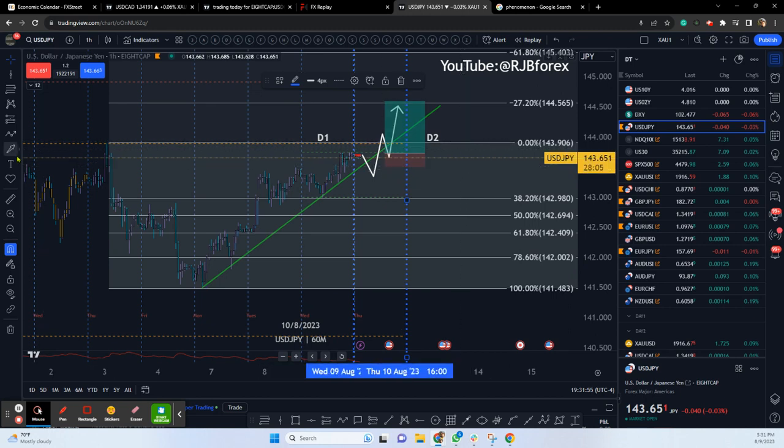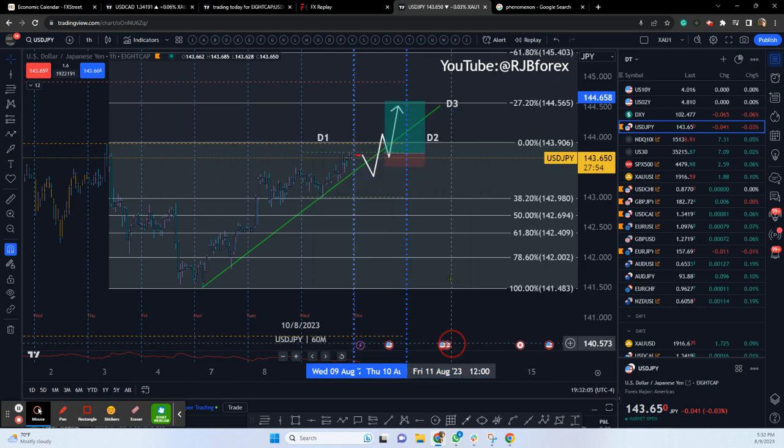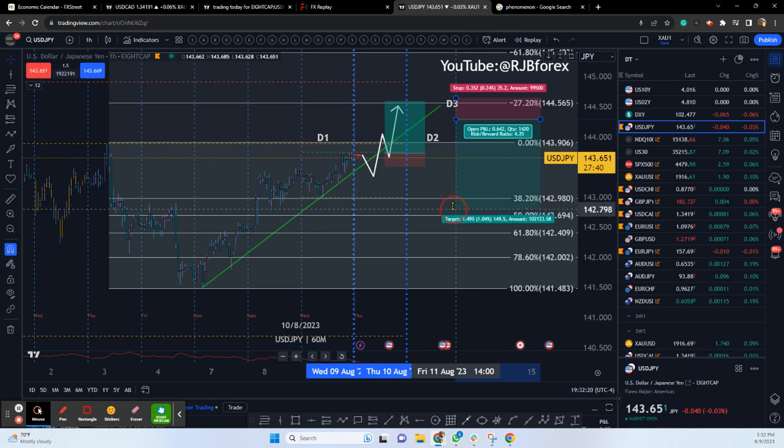As we come into day 3, Friday, day 3 for the parabolic move to the downside, of which we're going to look to short. And where that might come to, who knows, but we've certainly got some targets along the way to the downside.